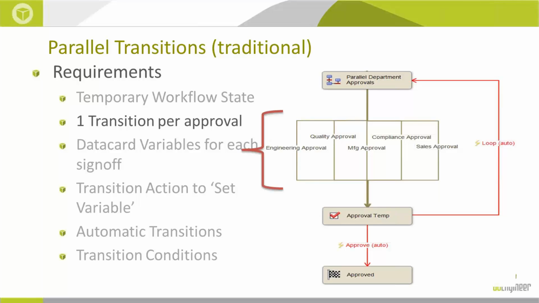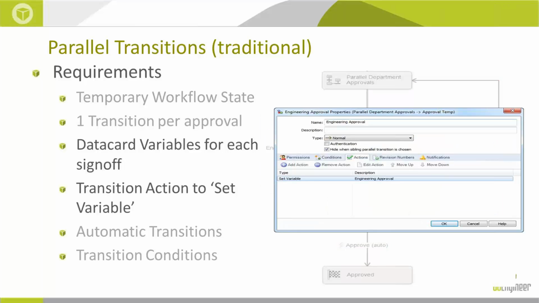You'll also notice that I've got one transition per approval. So my engineering users have one transition that they can be performing. Quality has a different transition. Manufacturing has a different transition. Compliance, sales, etc. I've got to set up data card variables for each sign-off.